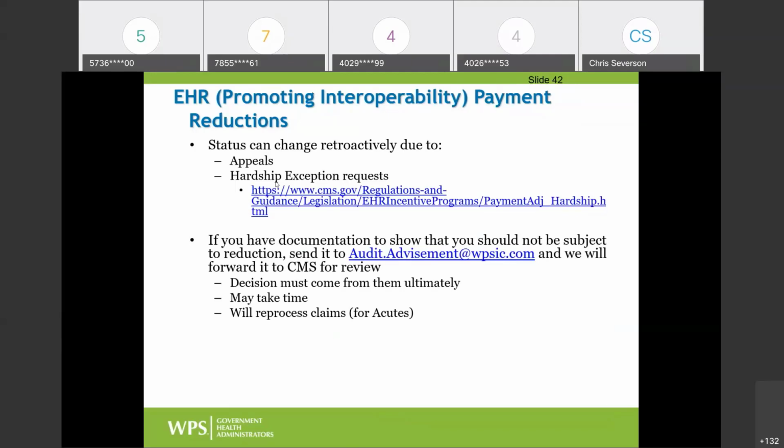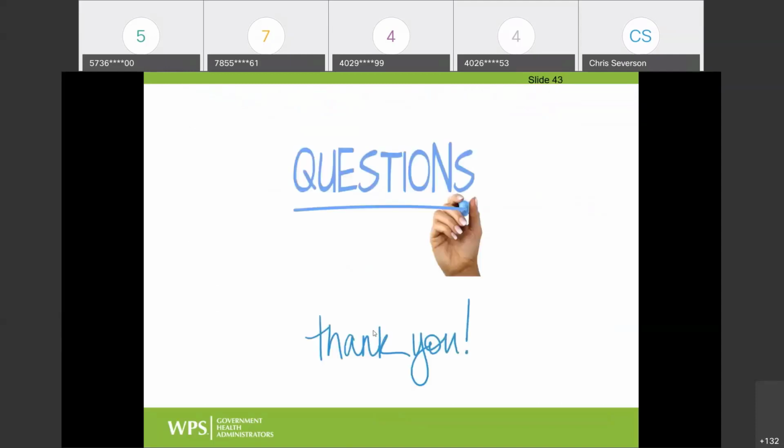But when they do give us the response, by the way, they have to do it through the system. They have to send a system response to update the FIS system for claims processing. For acute care hospitals, it requires us to reprocess claims, which we certainly do. For critical access hospitals, it's just handled at desk review or possibly reopening.